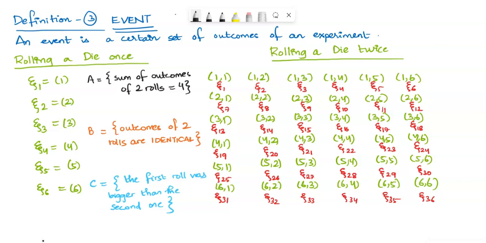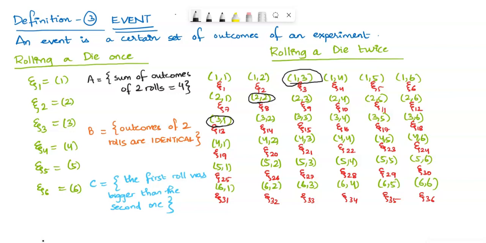As you can see on the right hand side, we have 36 possible outcomes. Check out of all these 36 possible outcomes, which outcomes, when you add them up, give you 4. If we go one by one, 1 plus 3 is 4. Similarly, 2 plus 2 is 4. 3 plus 1 is 4. And that's it.